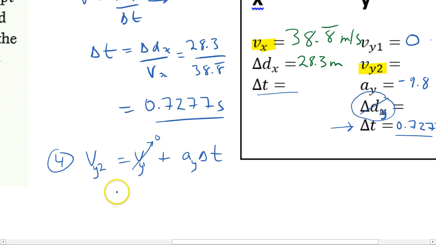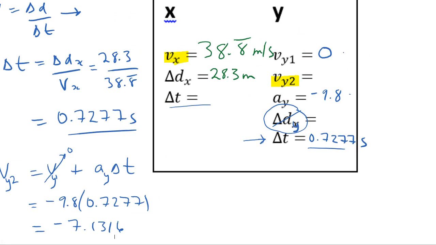And so my Vy2 is going to be equal to negative 9.8 multiplied by this time, which was 0.7277. And my Vy2 then is negative 7.1316. All right, so I can fill this in over here. So negative 7.13 meters per second.